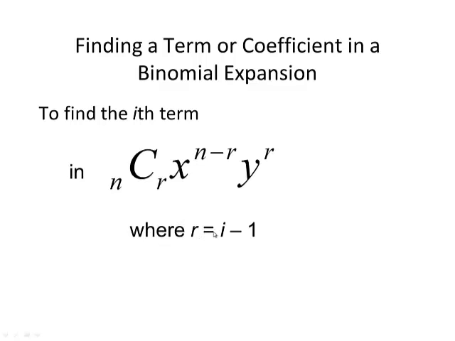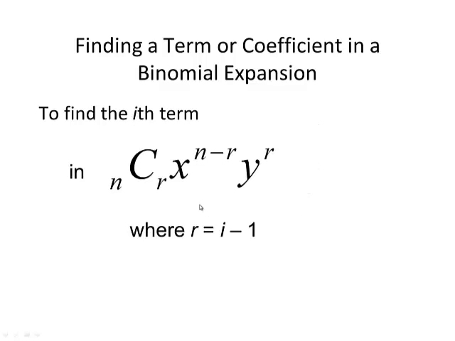And r is going to be the term that you're going to need to find minus 1. If you're going to find the 8th term, it'll be 8 minus 1, r will be 7. So r is going to be 1 less than the term that you're trying to find. I think I said that a little bit wrong.